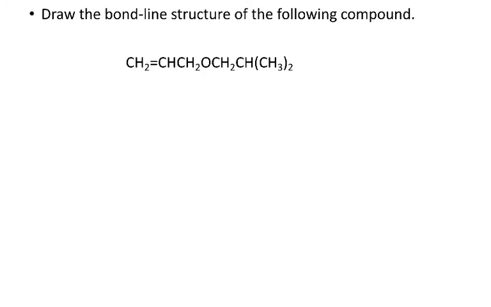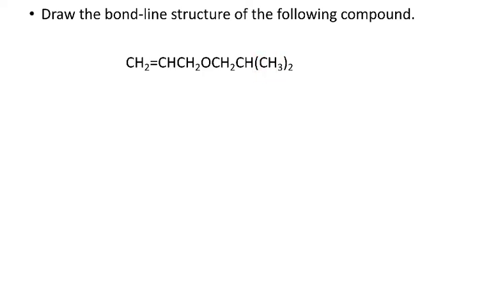Okay, here's another example where they've given it to us in the condensed format. As I said in the video where I looked at specifically condensed structure examples, what I usually do is draw out the molecule ignoring the parentheses, and then come back and fill in the parentheses in the end.